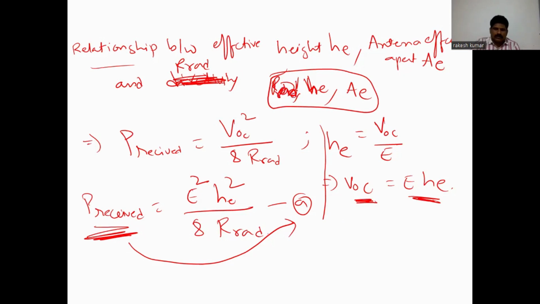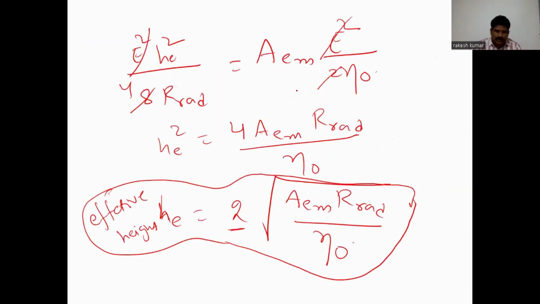So this gives the relationship between them. Effective height H is equal to 2 into root AEM by R radiated by eta. So this is the derivation for the effective height in terms of effective aperture area and radiation resistance.